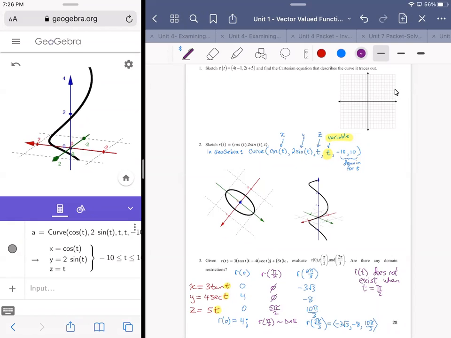Because you've got to think about what made the tangent undefined: tangent is sine over cosine. Secant is 1 over cosine. So the instances in which cosine was equal to 0, those were the problem values, all right? So any instance in which t is equal to pi over 2 or any other value that would make cosine equal to 0 would cause this vector value function to not exist.